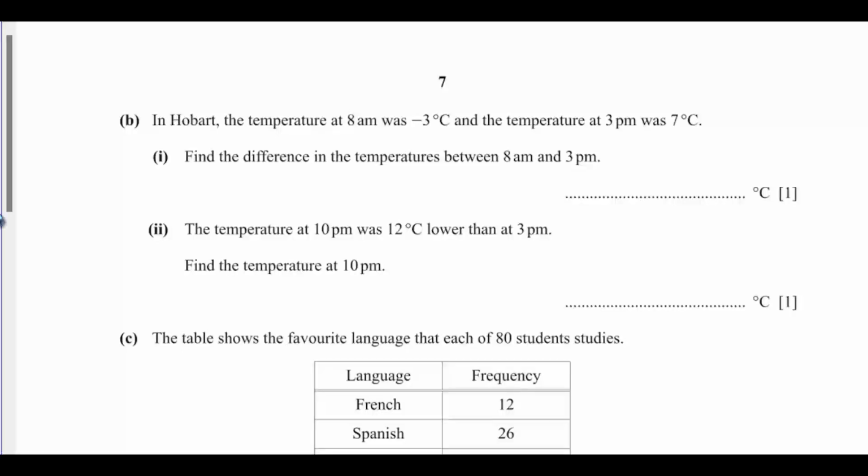That will be 3B. In Hobart, the temperature at 8 a.m. was -3 degrees Celsius, and the temperature at 3 p.m. was 7 degrees Celsius.